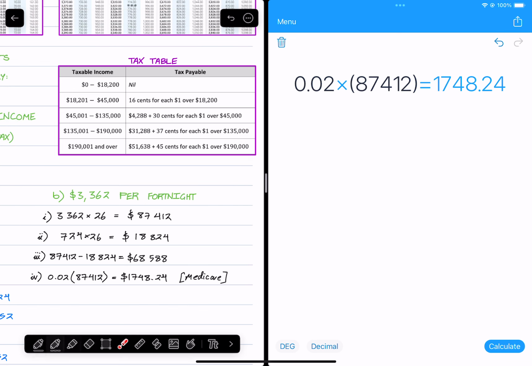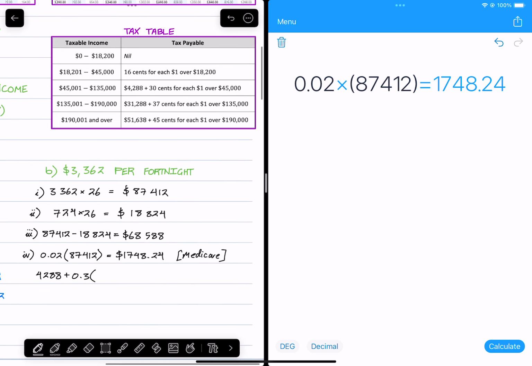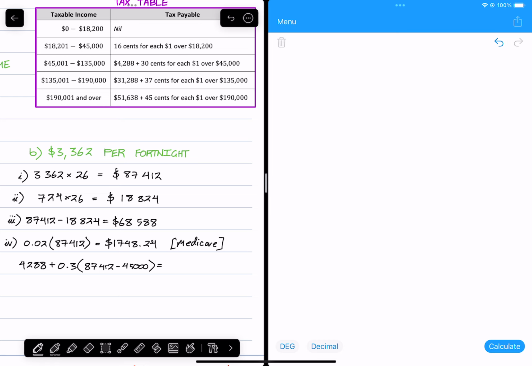Okay, so it's going to be 4,288 plus 30 cents for every dollar above 45,000. So it's going to be 87,412 minus the amount above 45,000. Let's calculate that now.